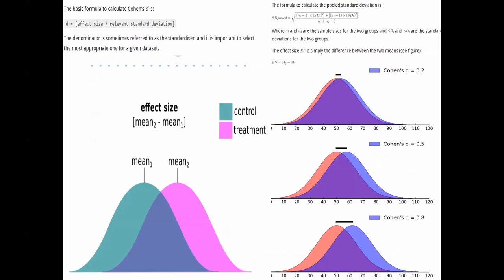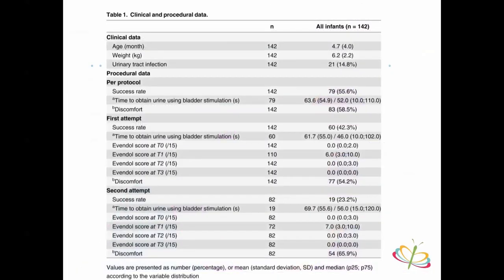So here, with the clinical data of the procedure, we can see that the average age was 4.7 months. The weight was an average of 6.2 kilograms. 14% of those studied ended up having a UTI. The success rate was 55.6% of the overall study.